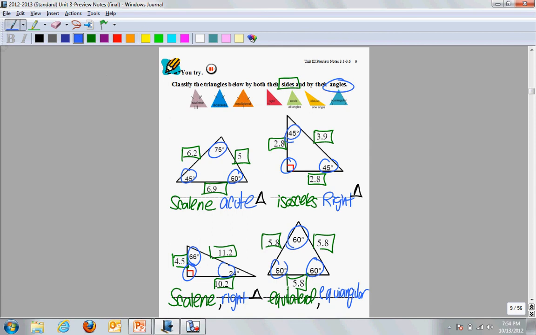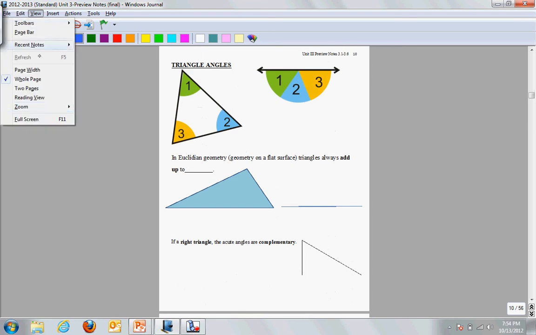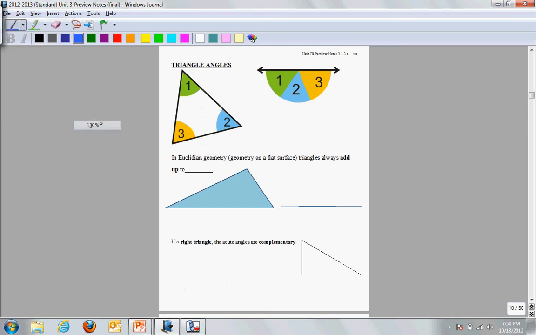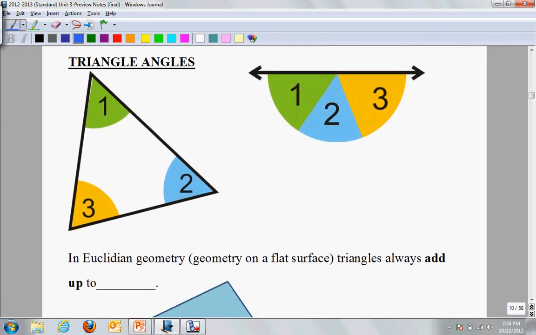Now we're going to move on to 2 very basic properties about triangles. Imagine if you had a paper triangle. So let's say this triangle here is on a piece of paper, an actual paper triangular cutout. And you had the corners colored, angles 1, 2, and 3.